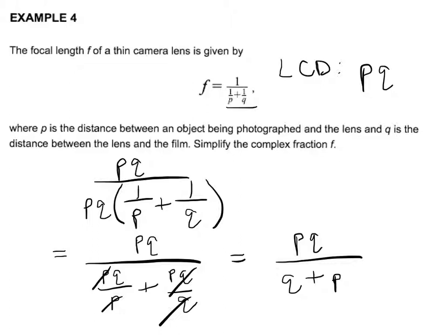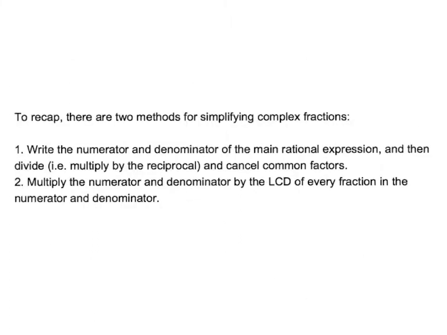So we didn't have to find a least common denominator to combine the expressions in the denominator. We actually just used it and multiplied everything, top and bottom, by that LCD and then simplified accordingly. So to recap, there are indeed two different methods for simplifying complex fractions.